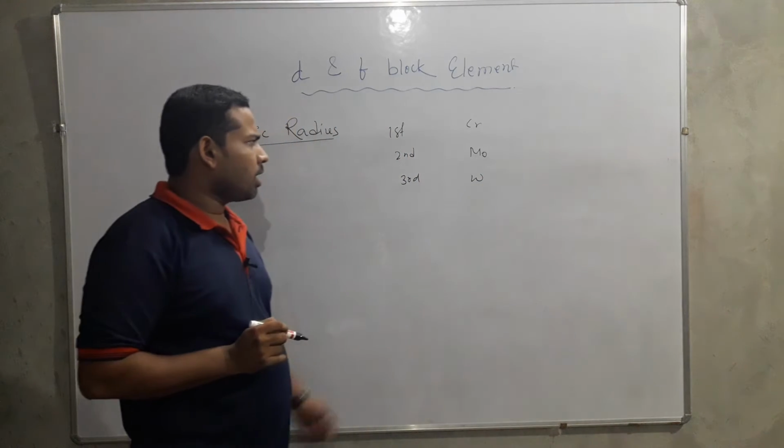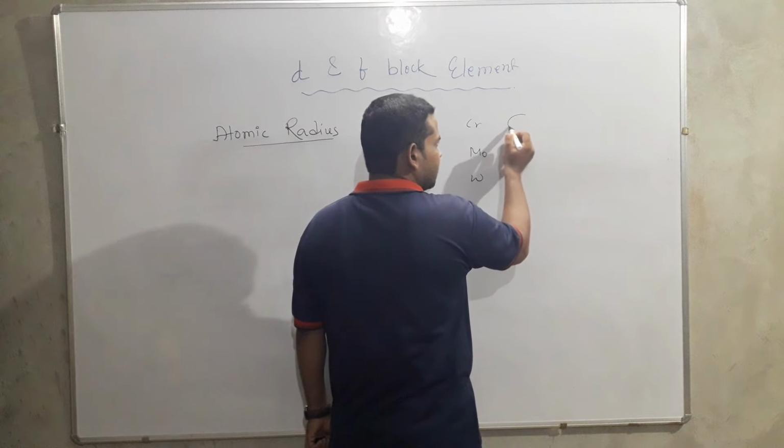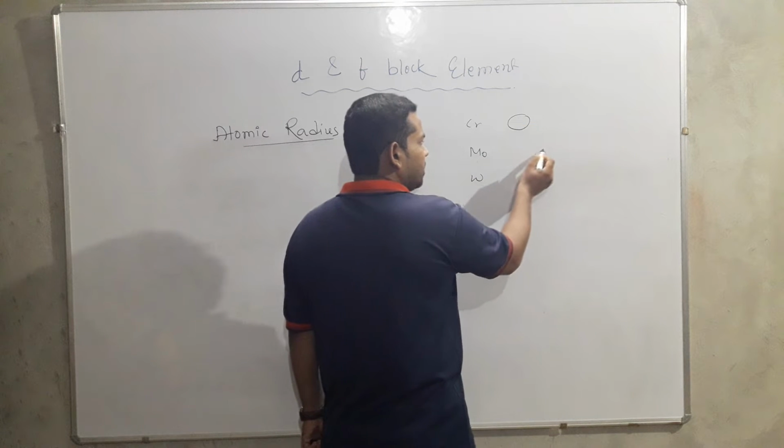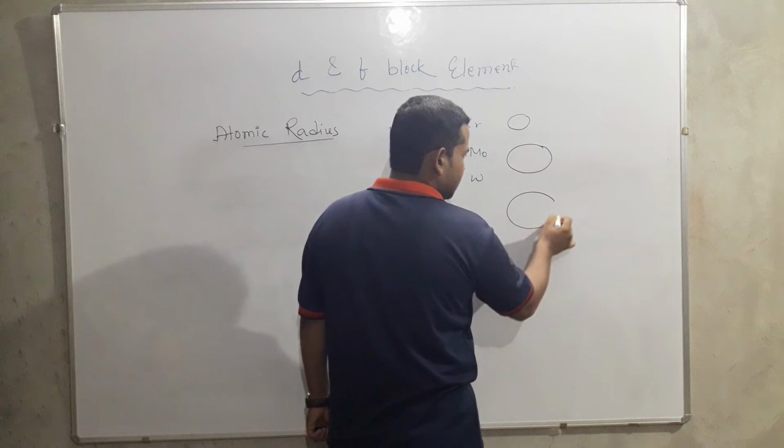So in the first row its size is like this, second row its size like this, third row its size like this.